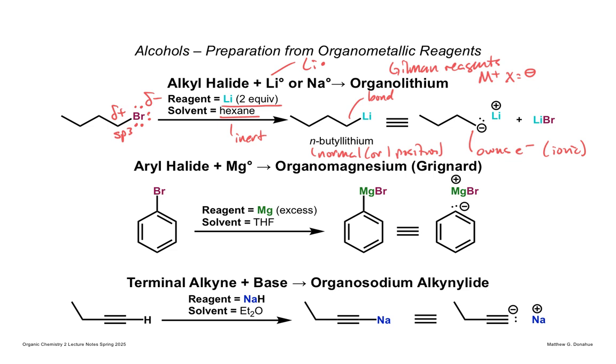So for an aromatic or aryl halide, that carbon is sp2. We can assign the partial positive, partial negative like that, again, based on electronegativity. Now in this case, when we're using magnesium 0, magnesium ends up as divalent.